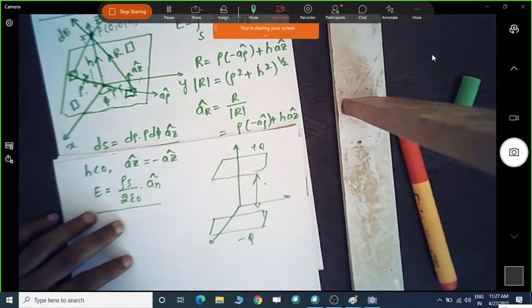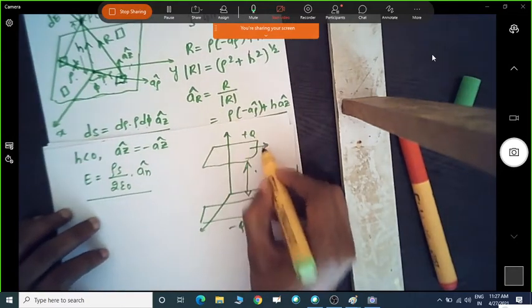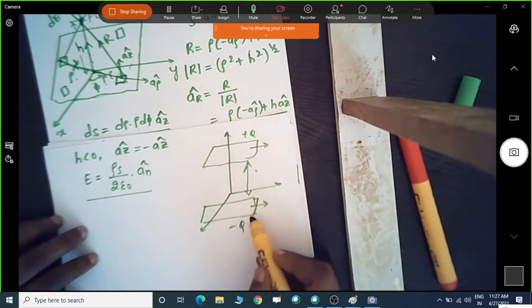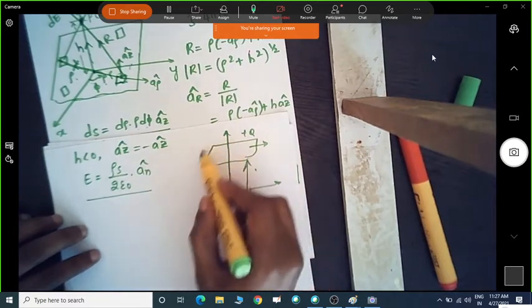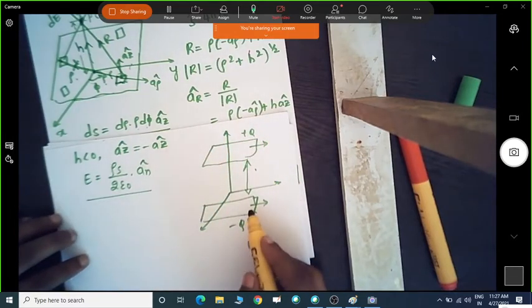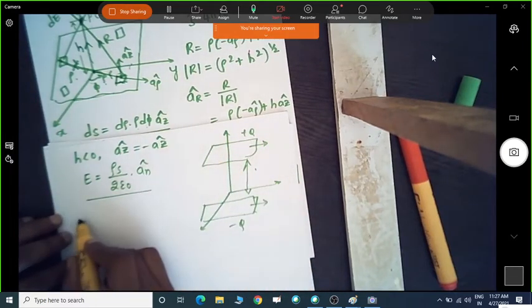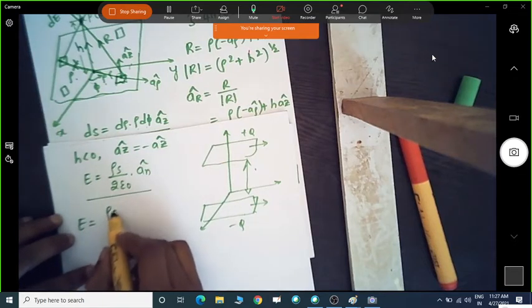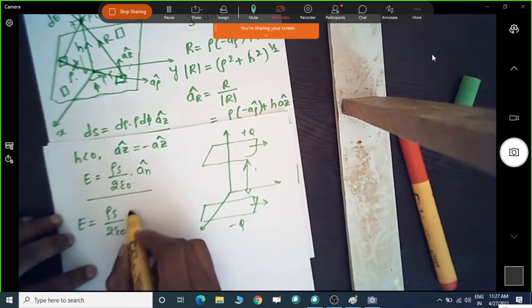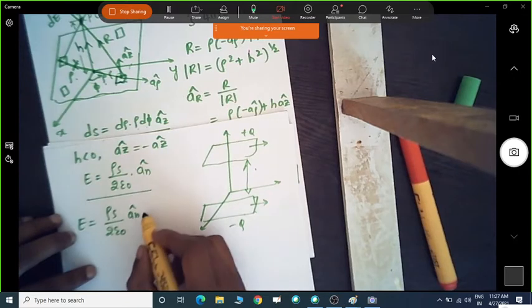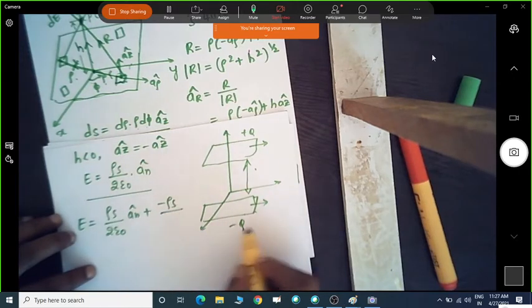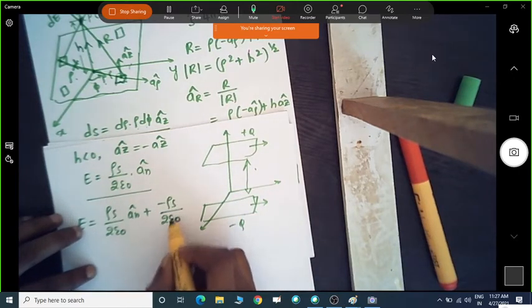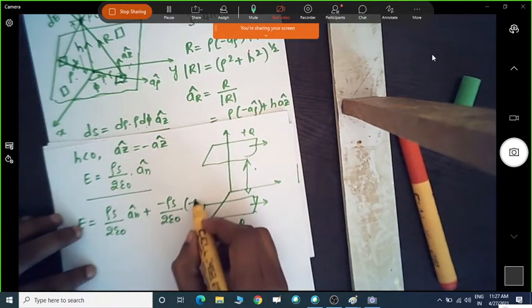Each will have some electric field due to the sheet. For this case, we can write the electric field as rho s by 2 epsilon naught an cap, plus, for the negatively charged sheet, minus rho s by 2 epsilon naught times minus an cap.